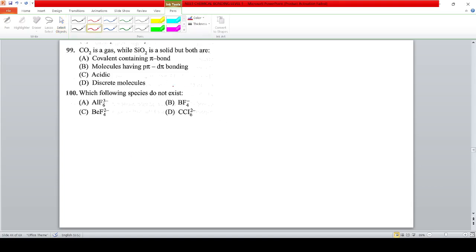Question number 99. CO2 is a gas while SiO2 is a solid. They are asking in a different way. CO2 is a gas because dipole moment is 0. Non-polar molecule. There is no attraction between one carbon dioxide and another, so it exists as gas. Whereas silica is a polymeric substance.